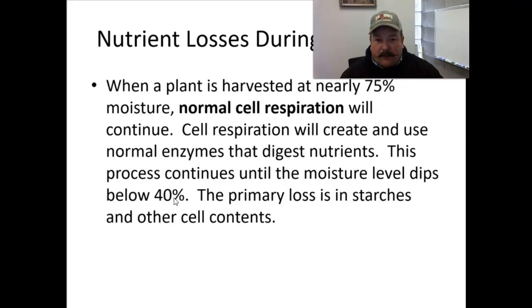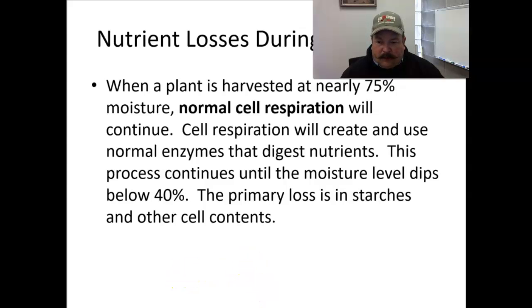I'm trying to crimp those stems, and really what I'm doing is creating an exit for water. And this again all comes back to how fast I can get the water knocked out of that plant, so those cells quit doing their normal thing and burning up the energy that I'd just soon feed the livestock.